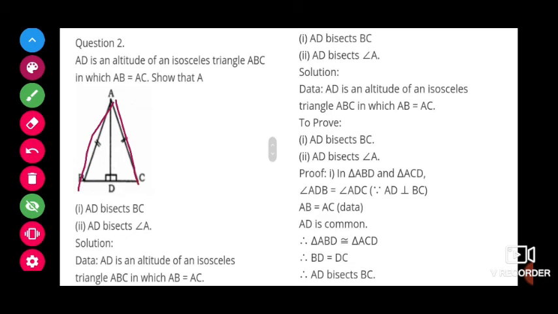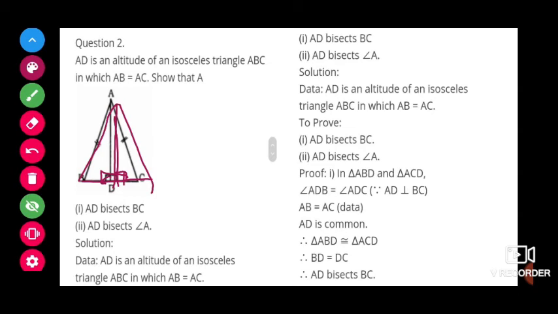That is the first one. Then AD is the side which is common. Then this is the altitude, meaning which will bisect BC at exactly 90 degrees. So these two angles are also equal. So by using these two sides and one angle, we can say that the two triangles are equal.